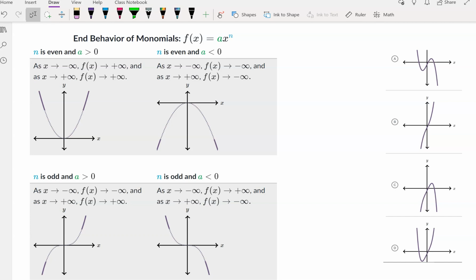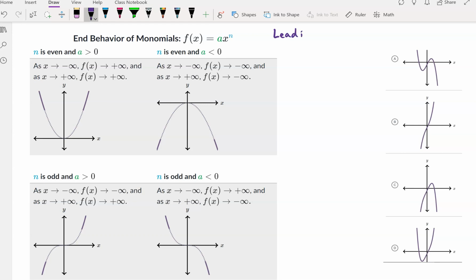And really, I have so much more to tell you about these polynomial functions, and what this a value right here can tell you, and what this n value can tell you about the number of solutions, either real or imaginary. So we're going to just touch on end behavior today. And then when we get to our unit on polynomial functions, we're going to expand on this idea of really analyzing this a value you see right here, your leading coefficient.